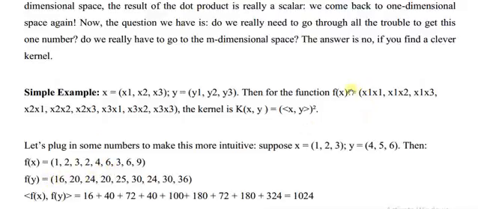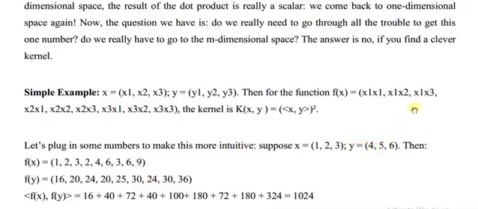We replace x with y: y1 into y1, y1 into y2, y1 into y3, y2 into y1, y2 into y2, y2 into y3, y3 into y1, y3 into y2 and y3 into y3. Let us plug these y values into f of y. 4 into 4 is 16, 4 into 5 is 20, 4 into 6 is 24, since y1 is 4 and y2 is 5.